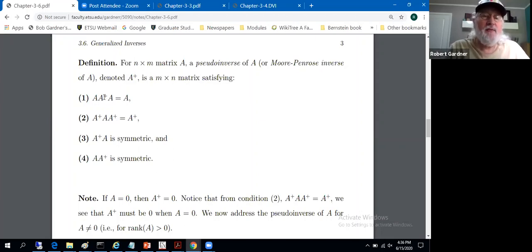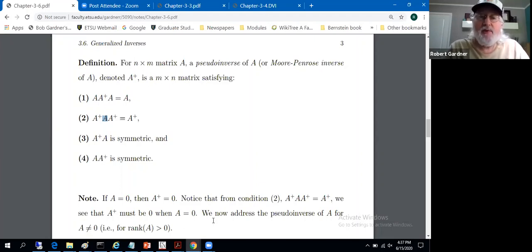We'll get equality if A is a zero matrix here. If we look at the zero matrix, condition 2 is satisfied. If we've got the zero matrix for A in this slot here, that product's going to be 0. And so the pseudo inverse of the zero matrix must be the zero matrix.